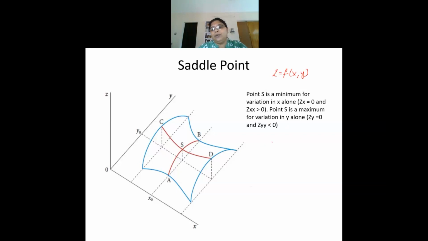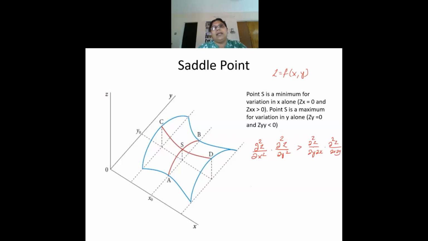Of course, we know that the third condition is that dou squared z by dou x squared into dou squared z by dou y squared must exceed dou squared z by dou y dou x into dou squared z by dou x dou y. That is, the product of the second order direct partial derivatives must exceed the product of the second order cross partial derivatives.